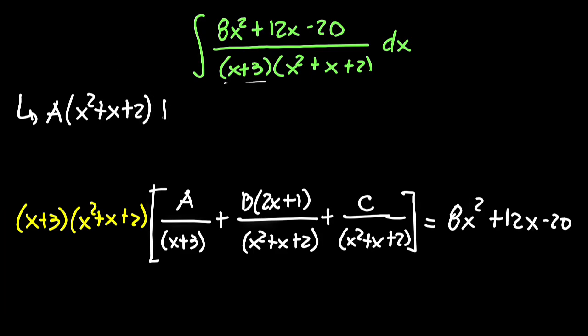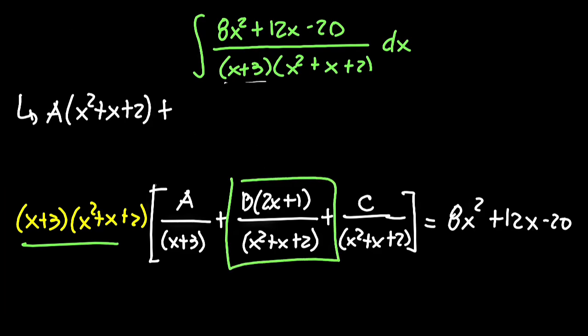Now that you have this, next up would be multiplying this into the second part. By analyzing it, you can see here again that x squared plus x plus 2 would cancel each other out, which leaves you with B multiplied by 2x plus 1 and multiplied by x plus 3.